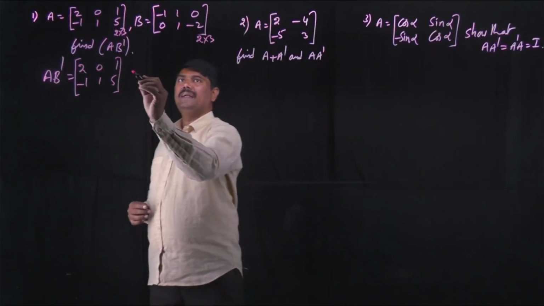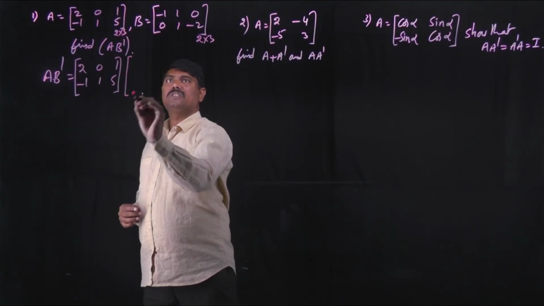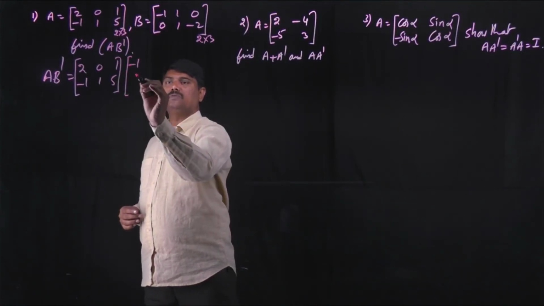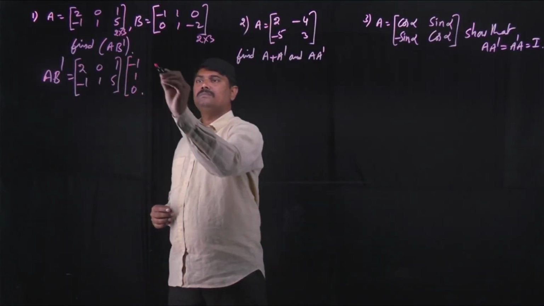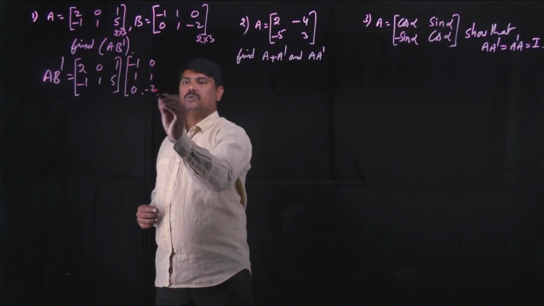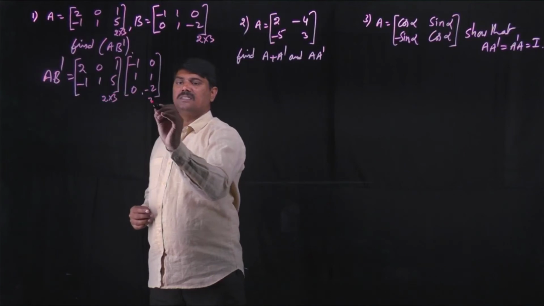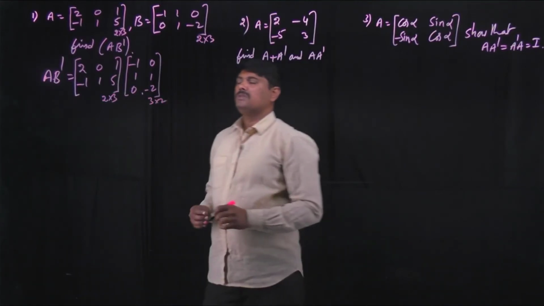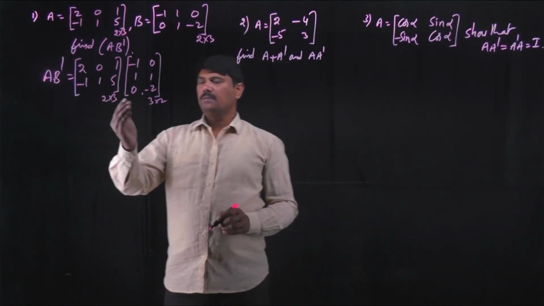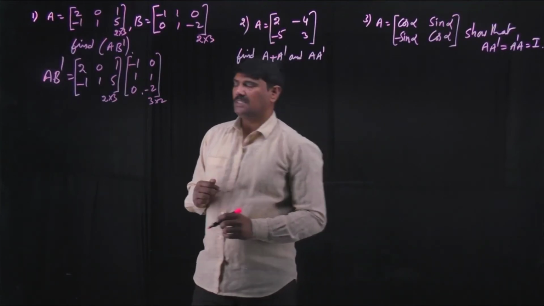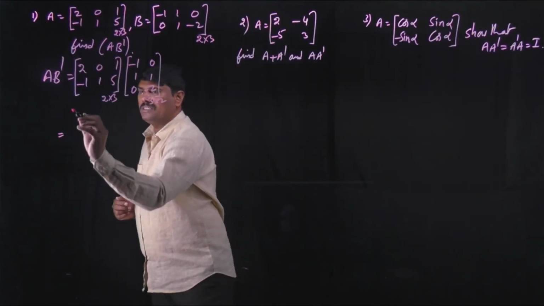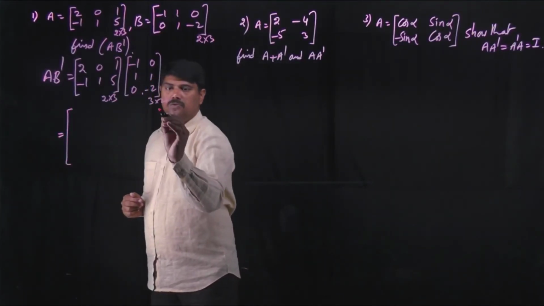Now B dash, converting rows into columns: minus 1 1 0 as the first column, 0 1 minus 2 as the second column. So this is 2 by 3 and this is 3 by 2. Multiplying a 2 by 3 matrix and a 3 by 2 matrix is possible, and the matrix obtained is of order 2 by 2.